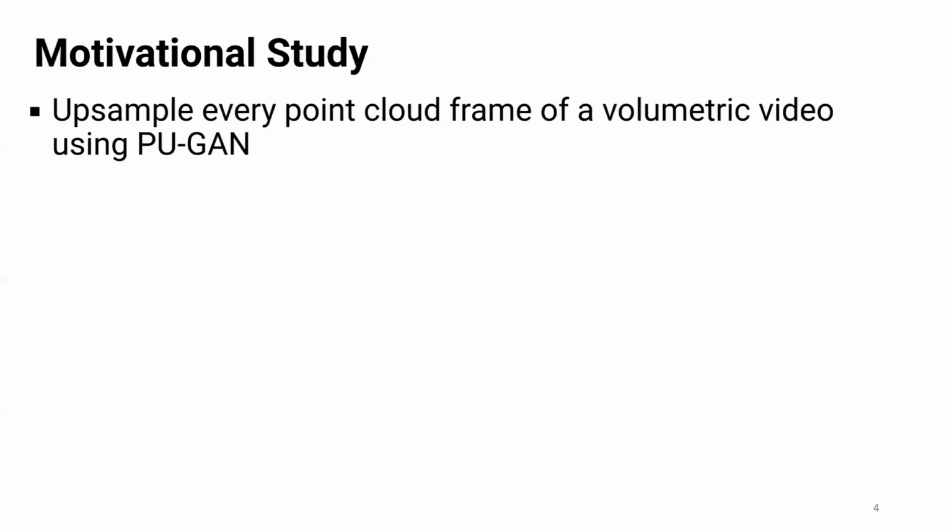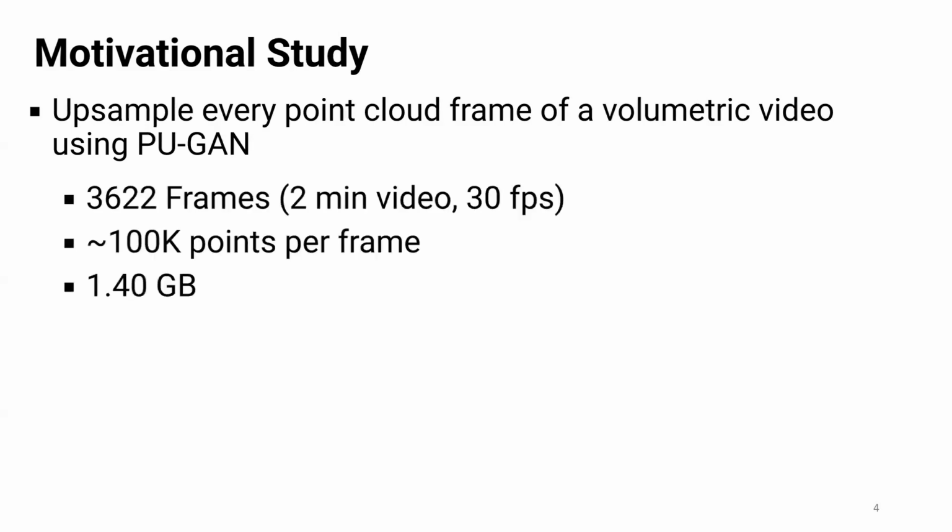Okay. So for the motivational study, they naively apply the 3D super resolution technique to the volumetric video. So they upsample every point cloud frame from the 2-minute video with 30 FPS, which consists of 3622 frames.